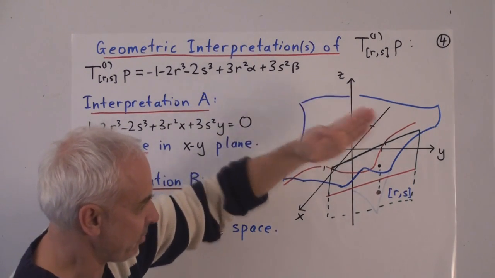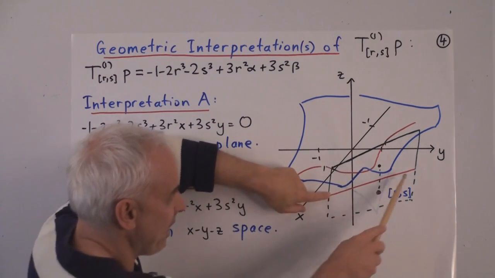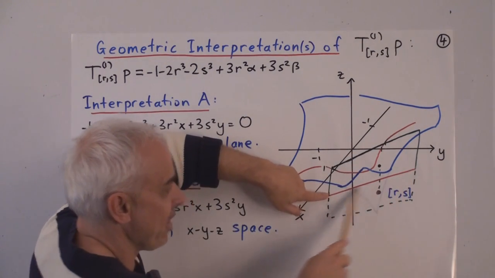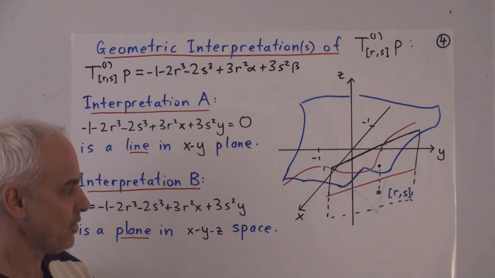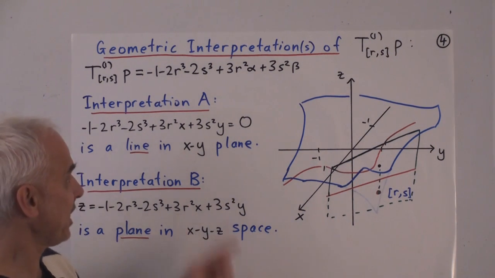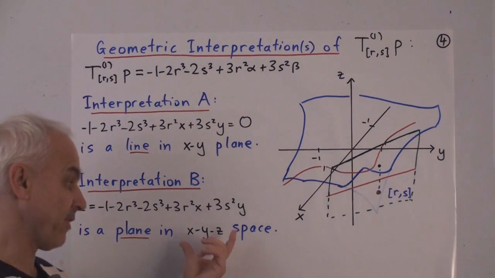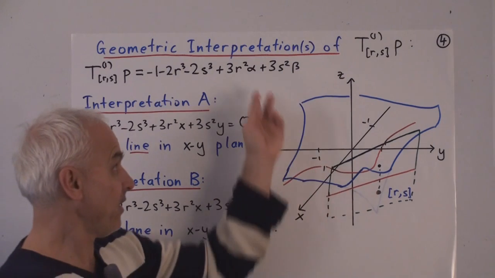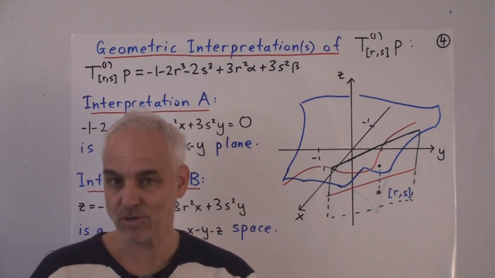And where it cuts the xy plane, I've represented that by this line in red. So if you have a two-dimensional point of view, you say that this represents this red line in the xy plane. If you have a three-dimensional point of view, you could say that this represents the tangent plane to the surface in three-dimensional space.